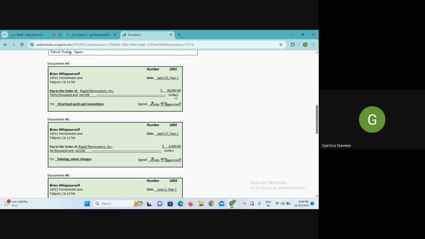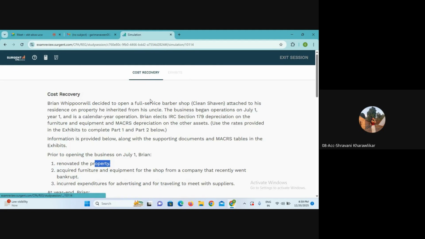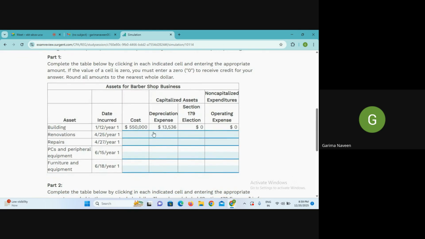You have to decide which amount should be capitalized and which should be expensed. So for expense, ma'am, it would be painting and minor changes, and for capitalizing, it would be the structural work. Okay, so you are saying that for capitalizing, you will put the $30,000 here, and for expenses, you will put 6,000 here.